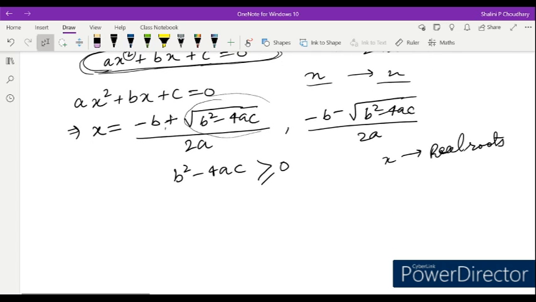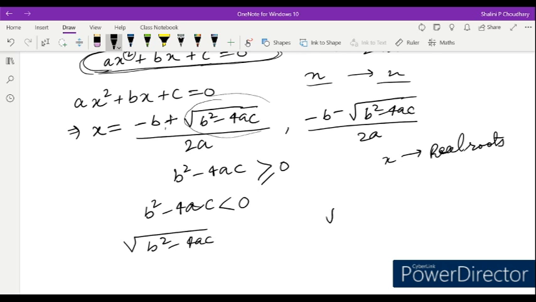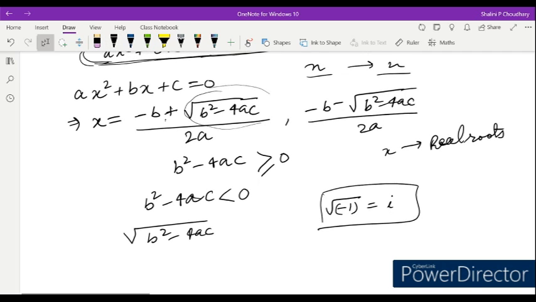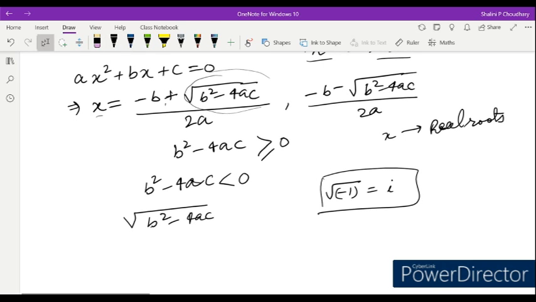So here we are talking about the complex quadratic equation in complex number. So in this case b square minus 4ac will be lesser than 0. Lesser than 0 होगा, it means square root of b square minus 4ac will be the square root of a negative number, and as you all know that square root of minus 1 is equal to I. ठीक है, so this way whenever we are solving the sum, the roots जो हमें मिलेंगे will be a complex number.